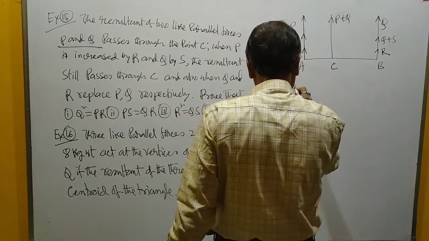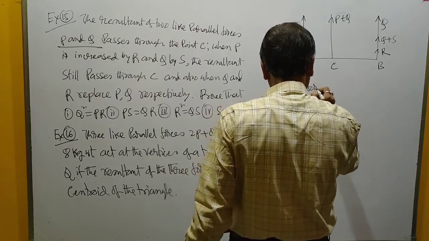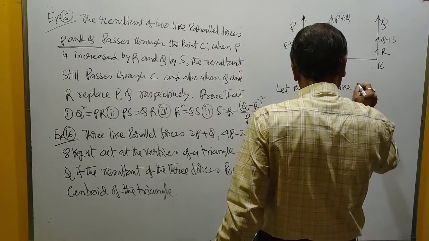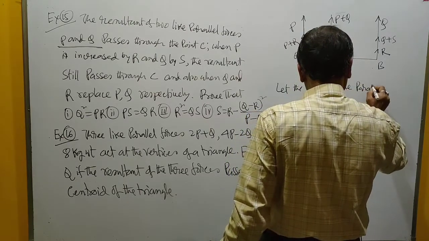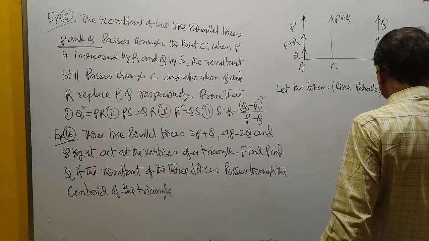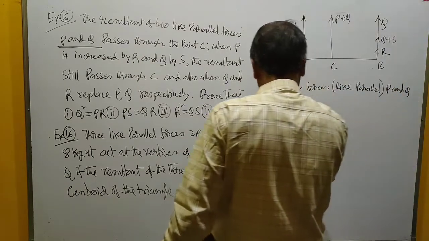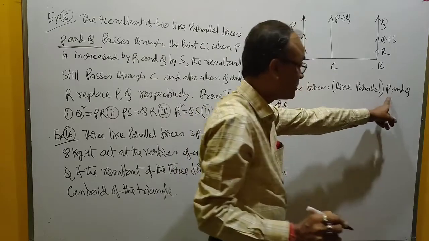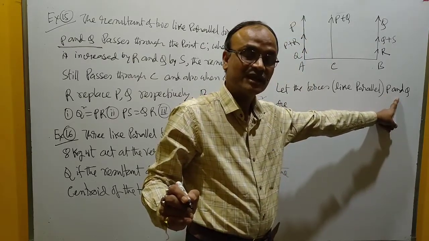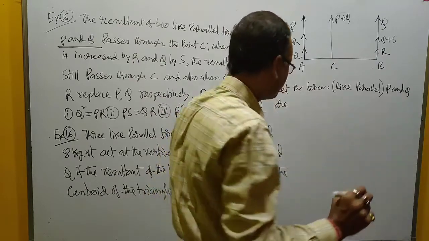Let the like parallel forces P and Q be acting at the points A and B respectively. I am not giving the vector sign, I am writing the magnitude of the forces.